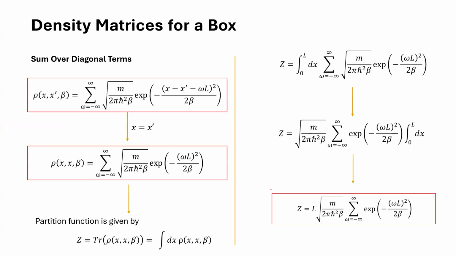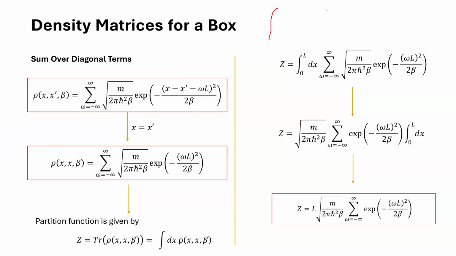Okay, now we have the density matrix expression with respect to omega, and in this expression we have x minus x prime within the exponential term.